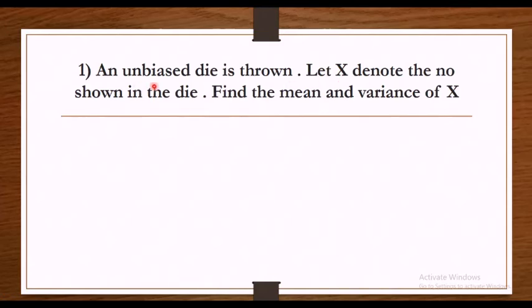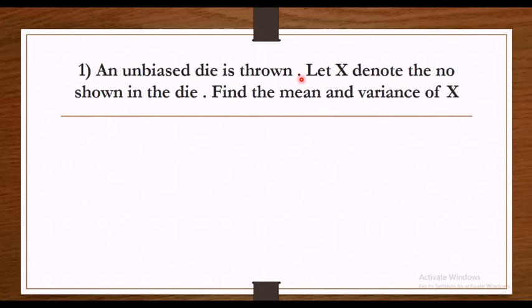Now, an unbiased die is thrown. That is the information they have given you, and they have also given that X denotes the number that is shown on the die. So when an unbiased die is thrown, what are the possible outcomes?